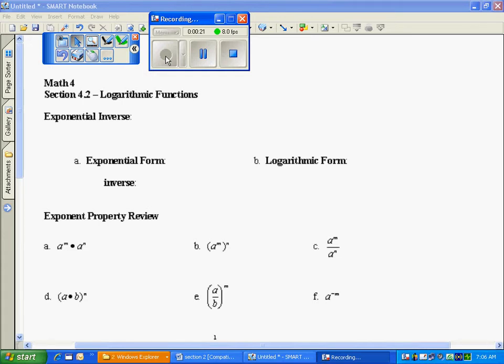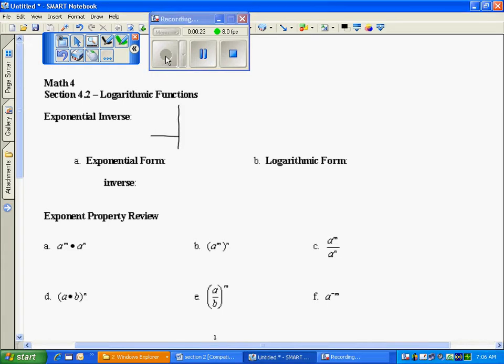If I look at a graph of the exponential, and if you recall, that's a J-curve, we know from the vertical line test that this exponential is a function. Now, how do I tell if its inverse is a function?